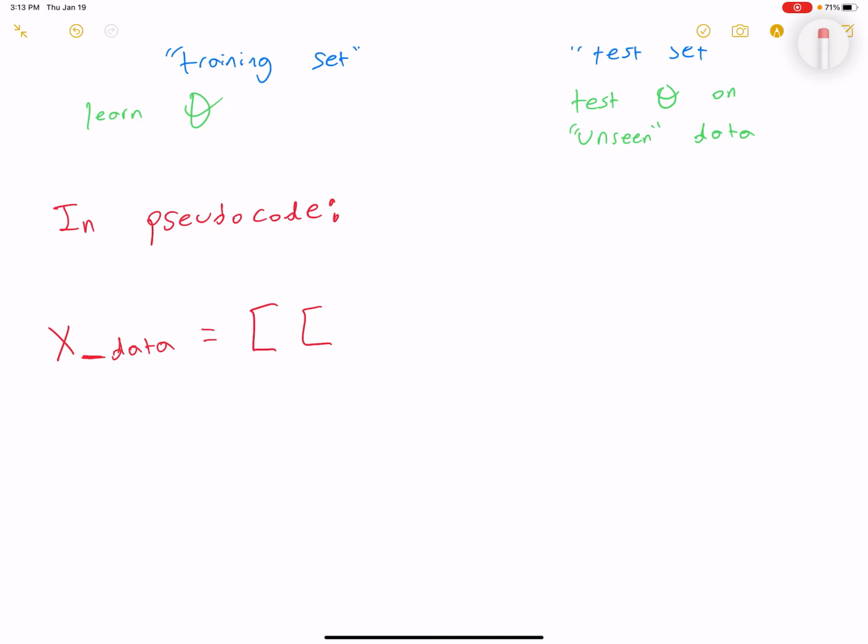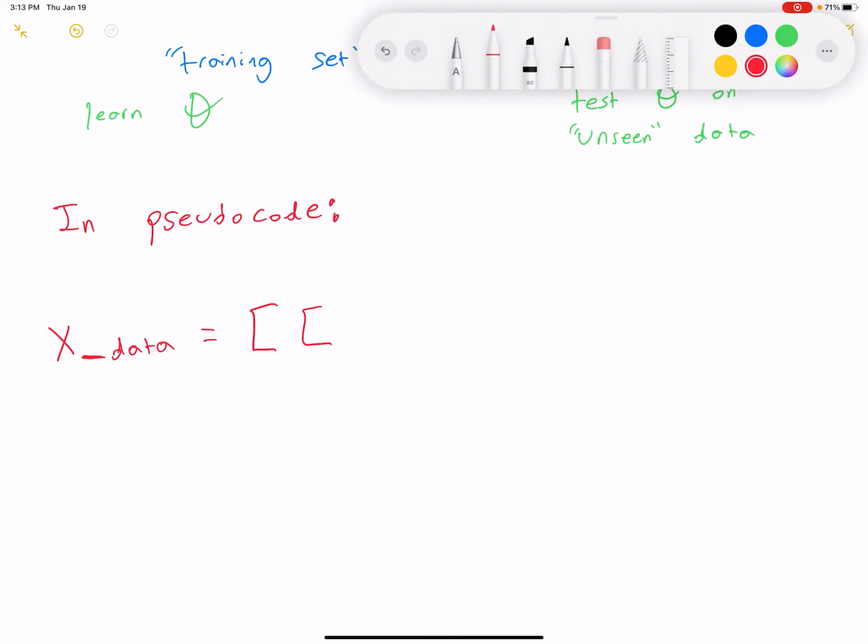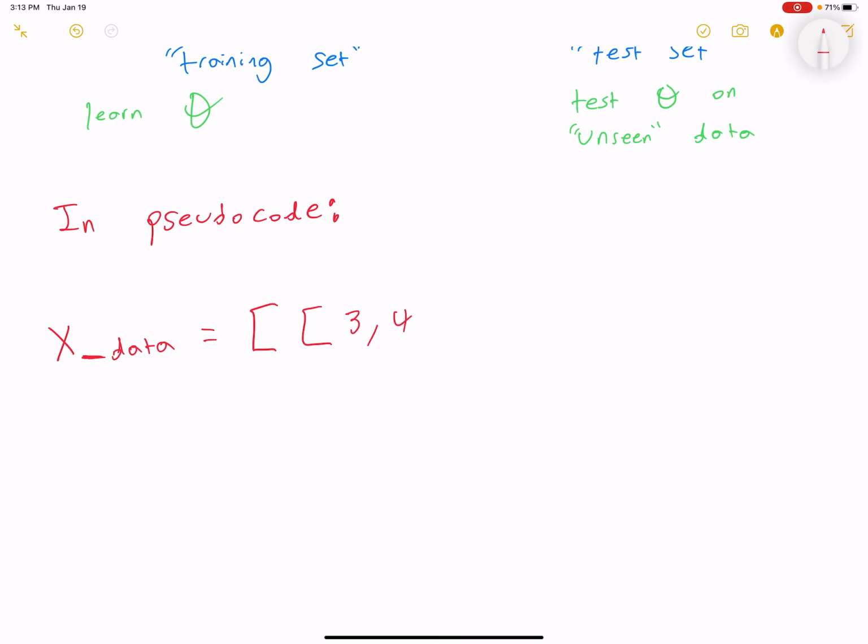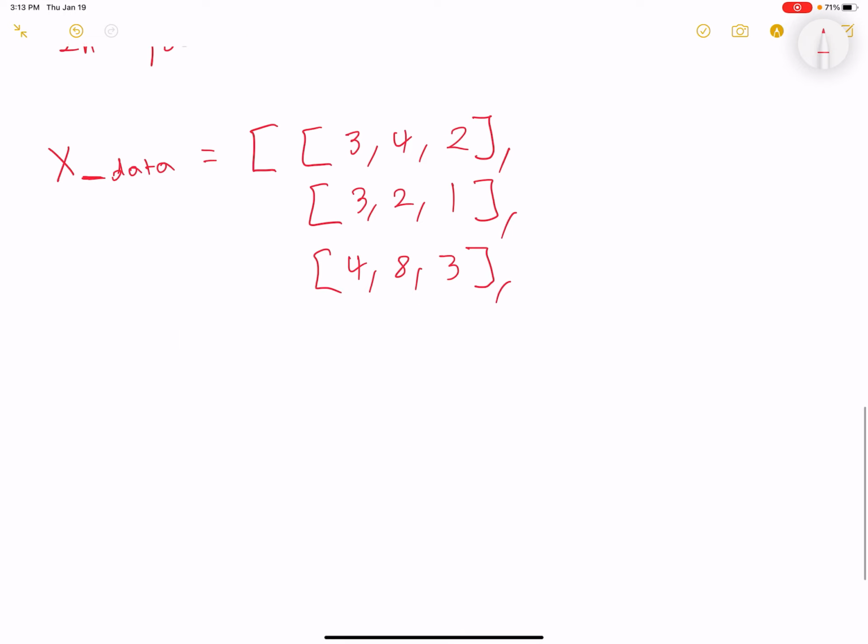So maybe one data point looks like this. Another data point looks like that. I'm just putting random numbers here, but another data point looks like that. I'm going to do this 2 more times. Another data point looks like that. And a final data point looks like that.